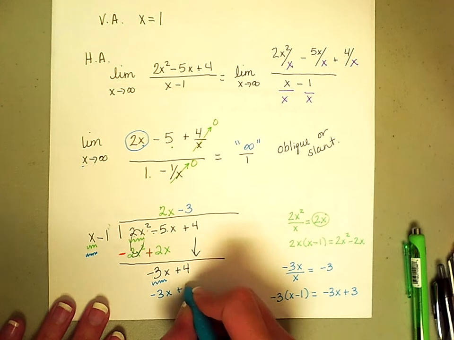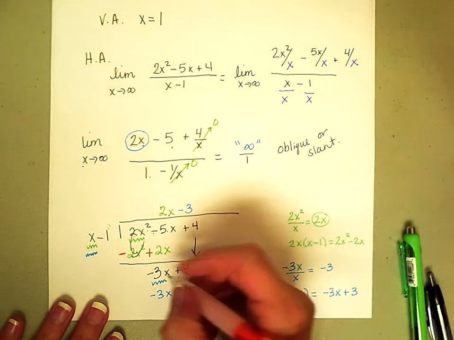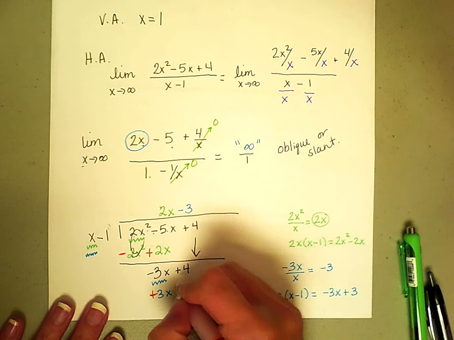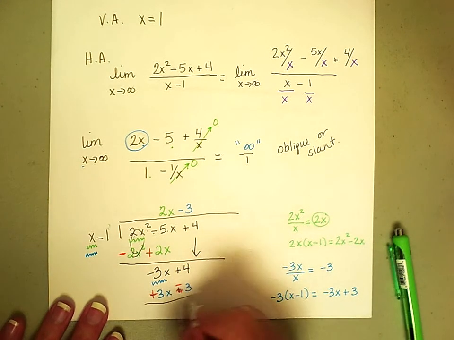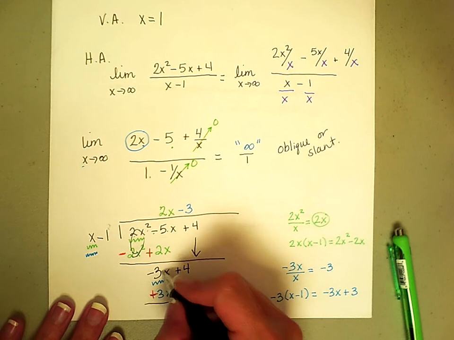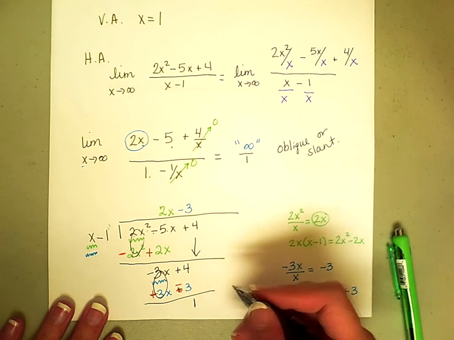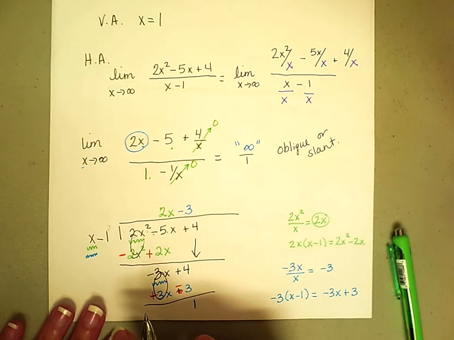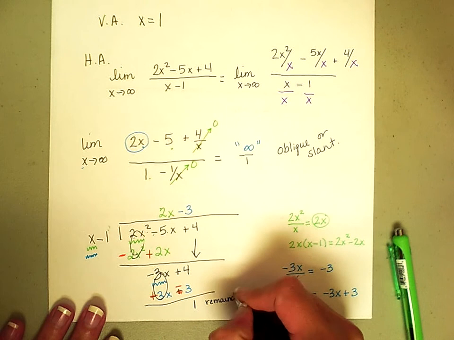That's what we write here. But remember, we have to subtract, so when I'm subtracting, I need to change the signs. Then negative 3x plus 3x goes to 0, and 4 minus 3 is 1. This is our remainder.